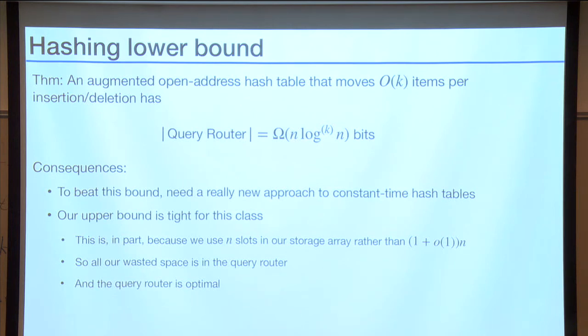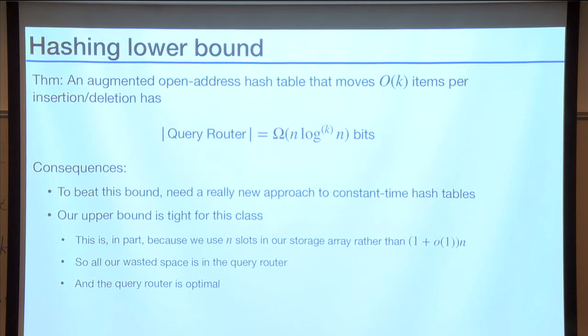Okay, so what are the consequences of this lower bound? To beat this bound, we need a really new approach to constant time hash tables, something totally outside the scope of augmented open addressing. And so I think a very significant open problem is, can we extend this lower bound to cover all hash tables?